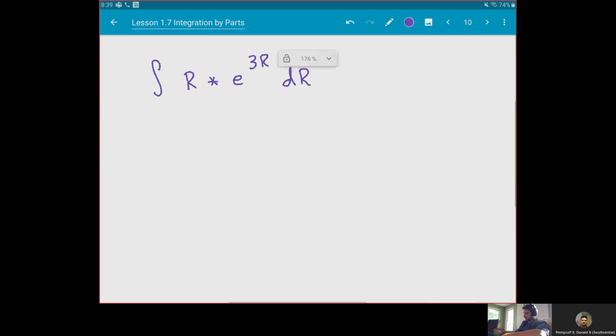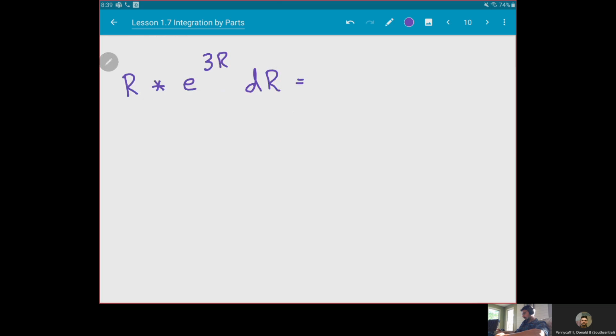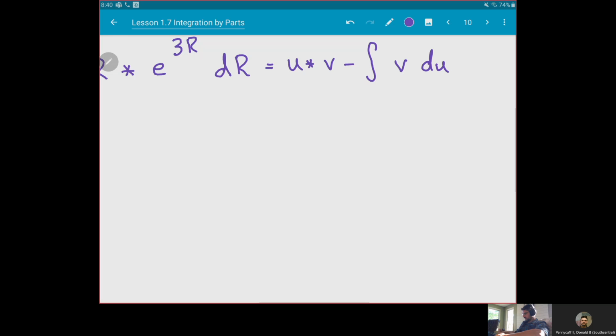All right, so let's get back to this one. This is going to be u times v minus the integral of v du. So let's plug that stuff in.